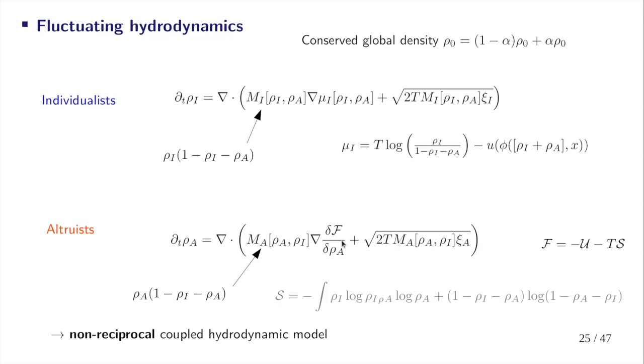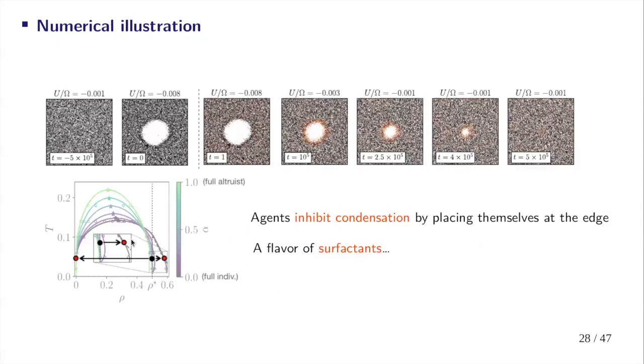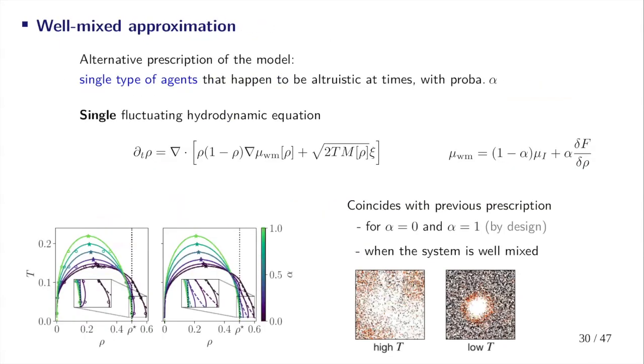This one here, F, is the sum of the global utility function and the entropy. And it turns out that when you compute the derivative of it, you get the natural chemical potential, exactly the chemical potential that you have for this population, for the altruist. Okay, and then I just say, okay, I'm just going to mix these two chemical potentials.